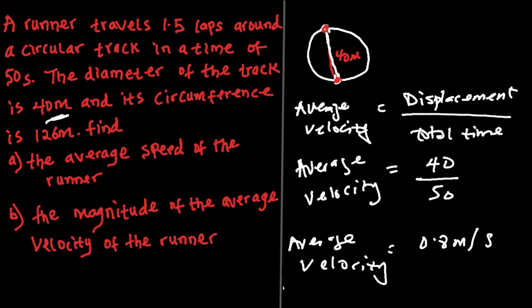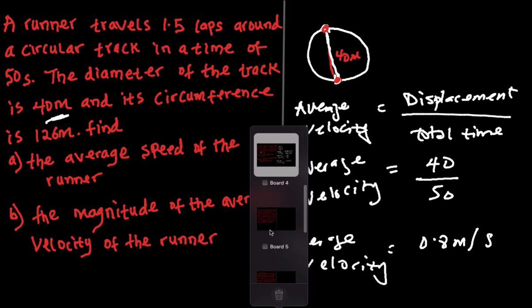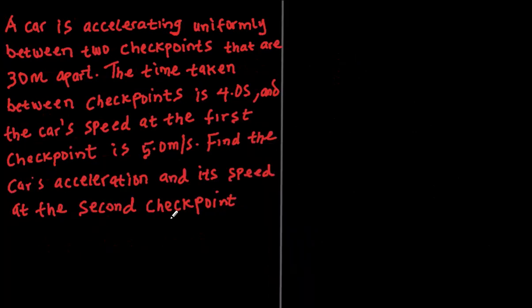Now let's see another problem. It says that a car is accelerating uniformly between two checkpoints that are 30 meters apart. So let's say this is checkpoint A, this is checkpoint B, and the distance between them is 30 meters. The car is accelerating uniformly.